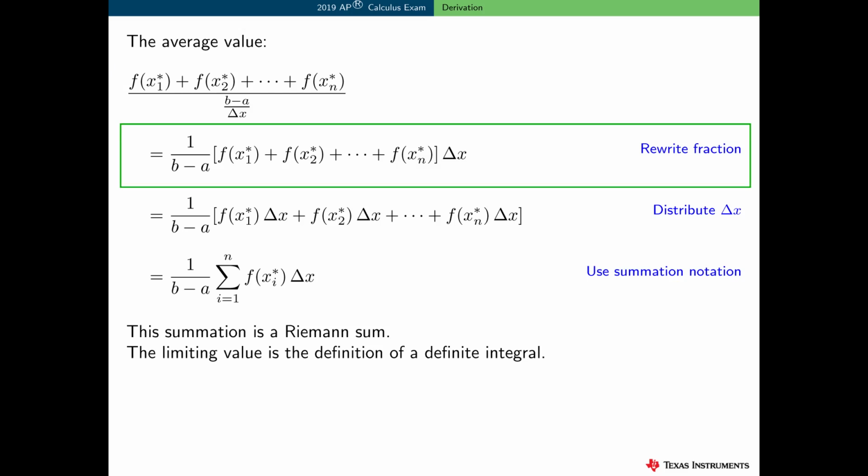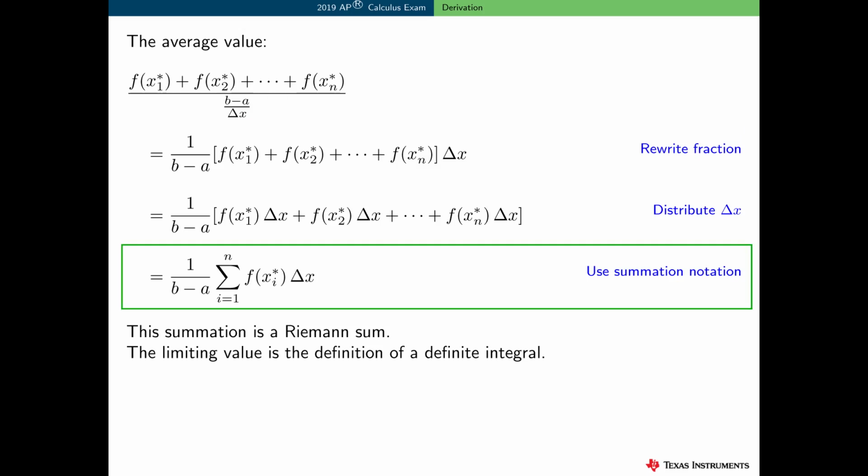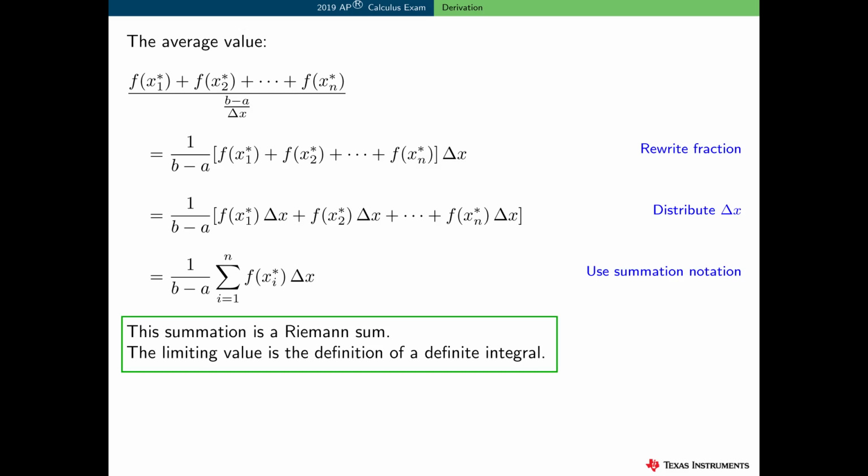First, I'll rewrite this fraction, and then I'll distribute the term delta x. And finally, I'll write this expression more compactly using summation notation. Now you should probably recognize this expression as a Riemann sum. And we know that the limiting value of a Riemann sum is the definition of a definite integral.